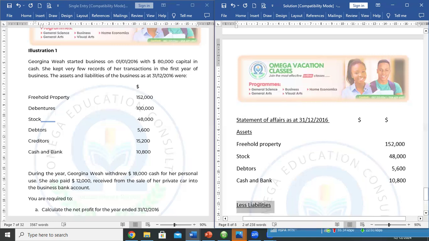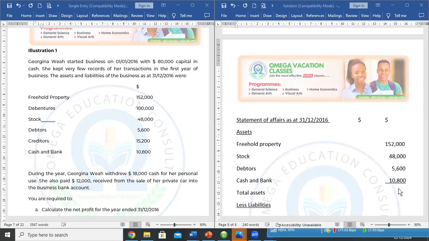So please, if you have your calculator, quickly sum them up for us so we get our total assets. 152,000 plus 48,000 plus 5,600 plus 10,800. That's 216,400. Thank you very much for confirming that figure for me.